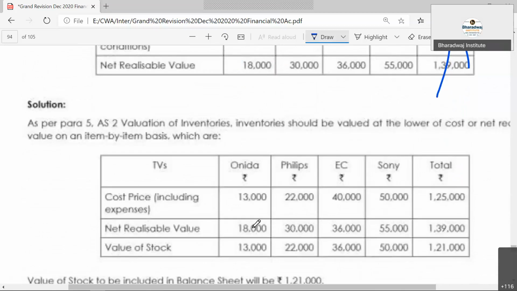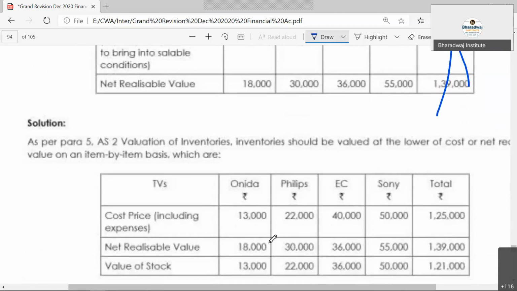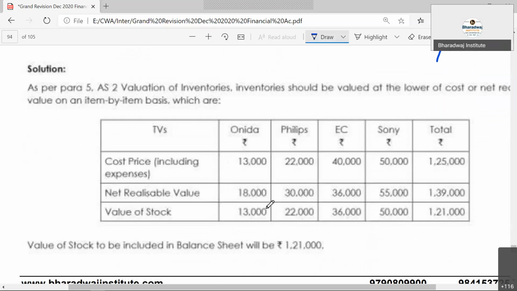NRV is given as 18,000, 30,000, 36,000, 55,000. Whichever is less. Why 13,000? Because it is cost or NRV, whichever is less. Even here, whichever is less. Cost includes that estimated amount to be spent. This one 50,000, like that. This question can be tested. So the total value of the stock is 1,21,000.